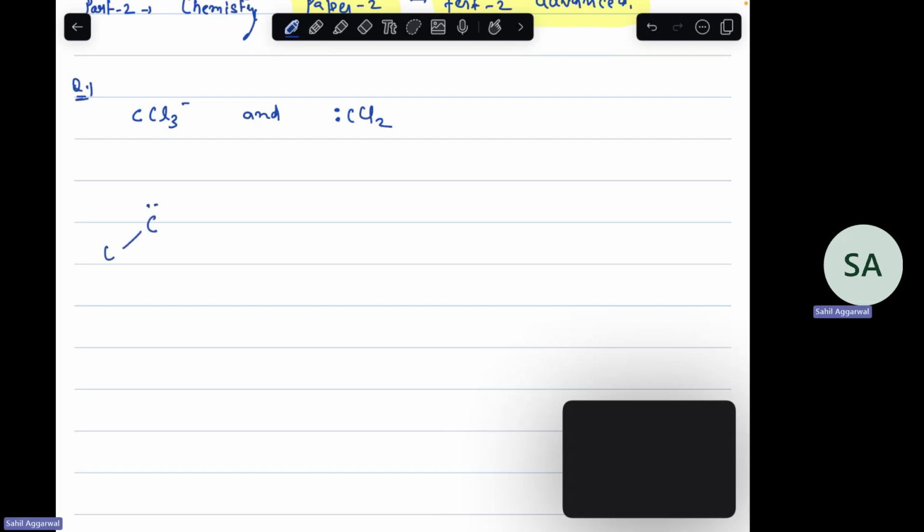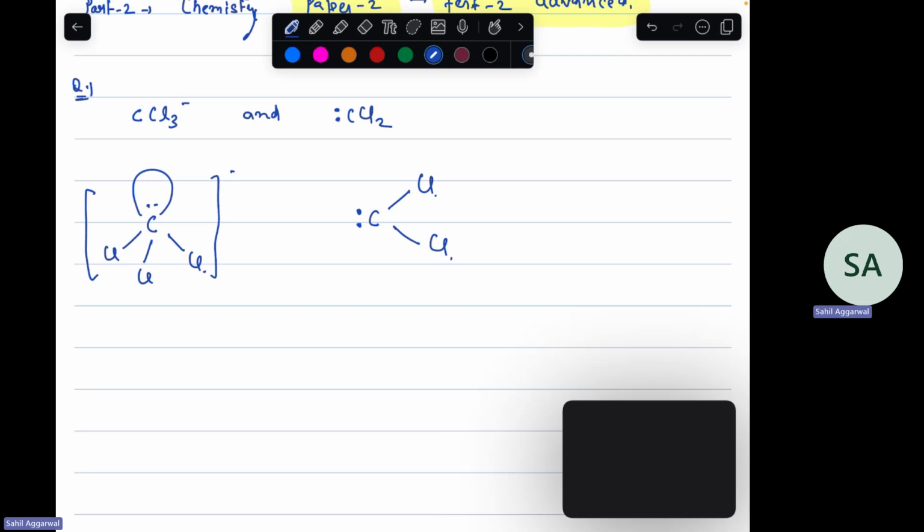CCl3 minus is like this, and CCl2 is carbene. Right? Which of the following is the correct option?